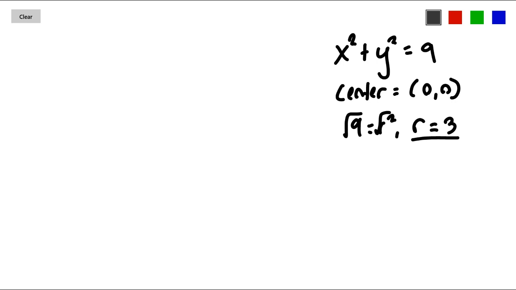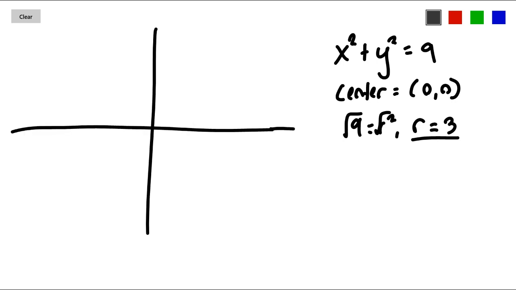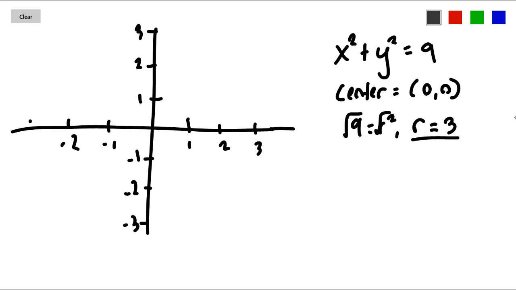So, if I were to sketch the graph of this, 1, 2, 3, 1, 2, 3, negative 1, negative 2, negative 3, negative 1, negative 2, negative 3. My center point is at the origin, so I'm going to plot it right here.